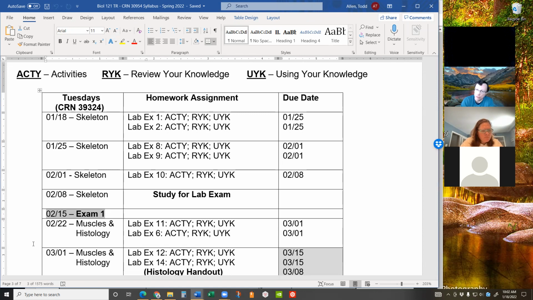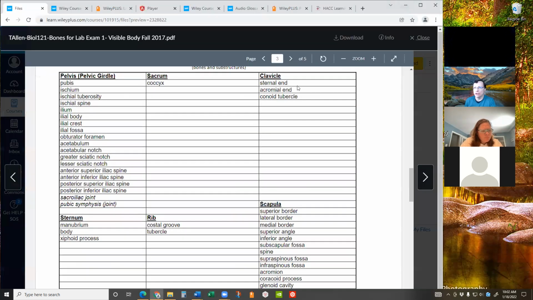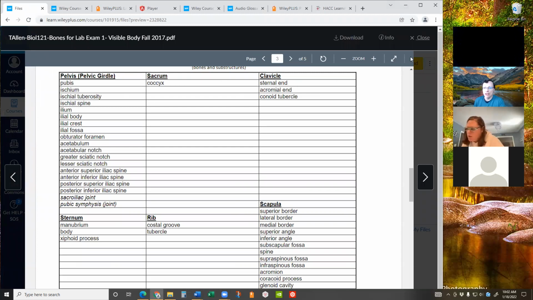But honestly, we can do better now with computer technology. We can do better than plastic models that sometimes break and get disorganized and things like this. So now I'm going to show you how to access your Visible Body software, okay? So any questions before I leave this page?